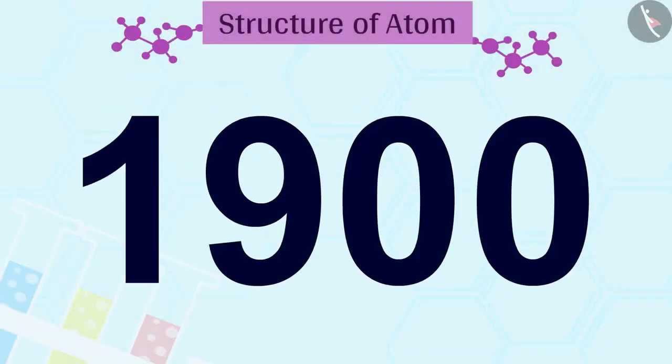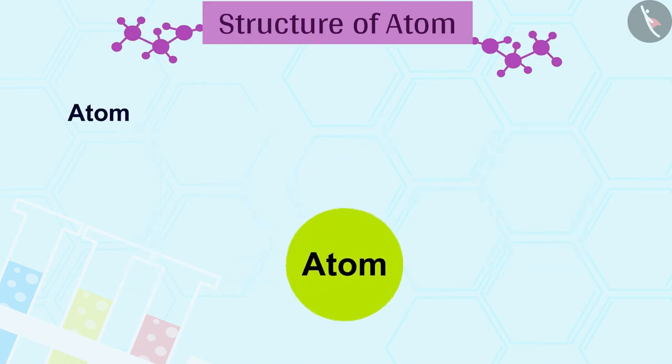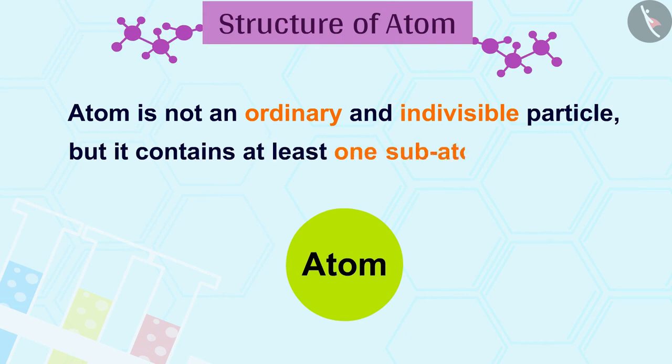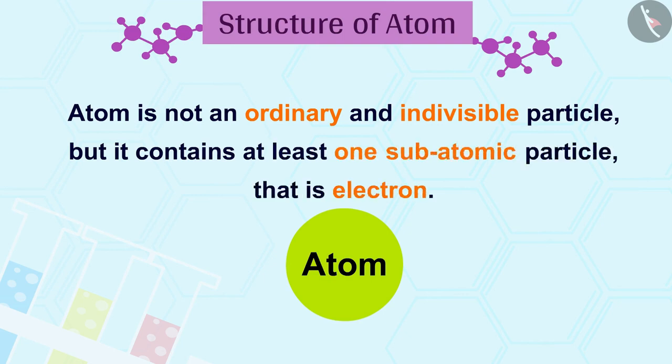By the 19th century, scientists had discovered that an atom is not an ordinary and indivisible particle, but it contains at least one subatomic particle, that is, the electron.